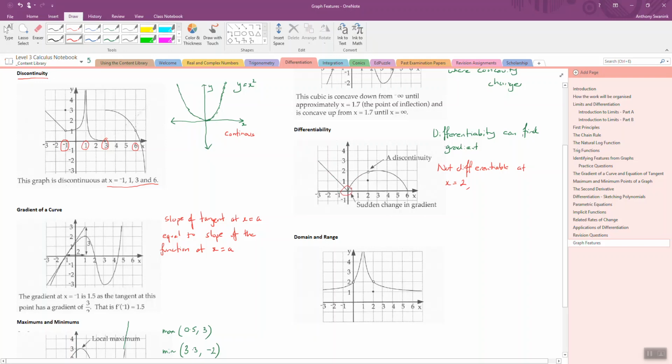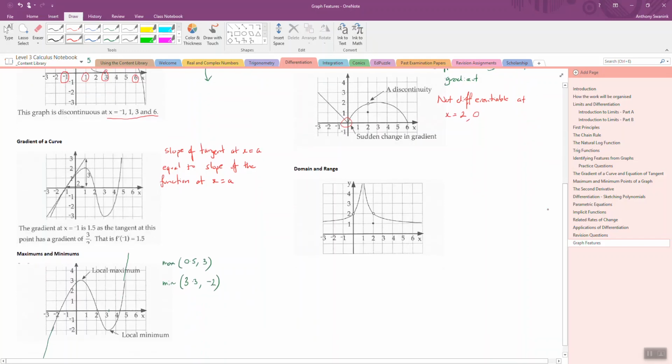So at this point here, at x equals 0, we've got to ask ourselves the question, well, what would the gradient be there? In one moment, it seems to be a negative number and also a positive. So that sudden change in gradient, where it's basically in an instant both negative and positive, is what it can't be. We can simply say that at that point the gradient is undefined. So the function is not differentiable at x equals 0.